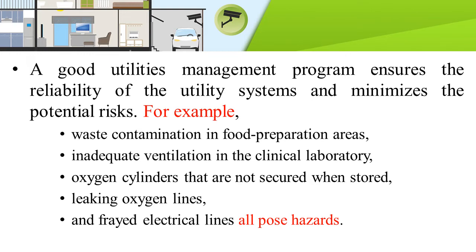For example, waste contamination in food preparation areas, inadequate ventilation in the clinical laboratory, oxygen cylinders that are not secured when stored, leaking oxygen lines, and frayed electrical lines all pose hazards.